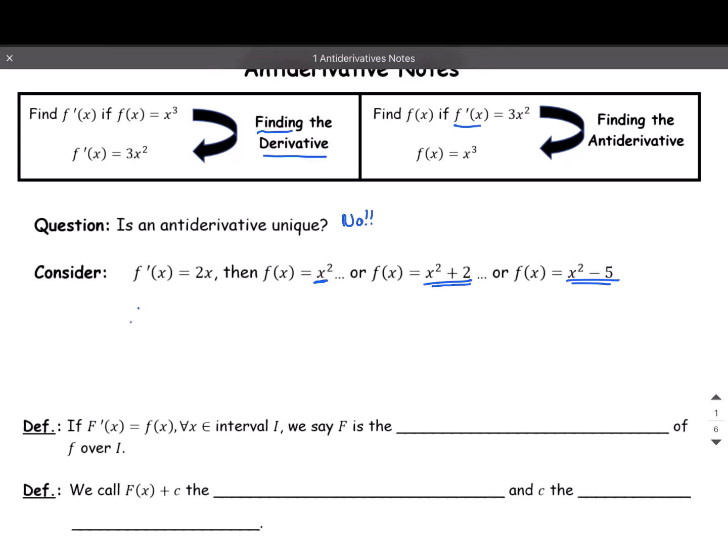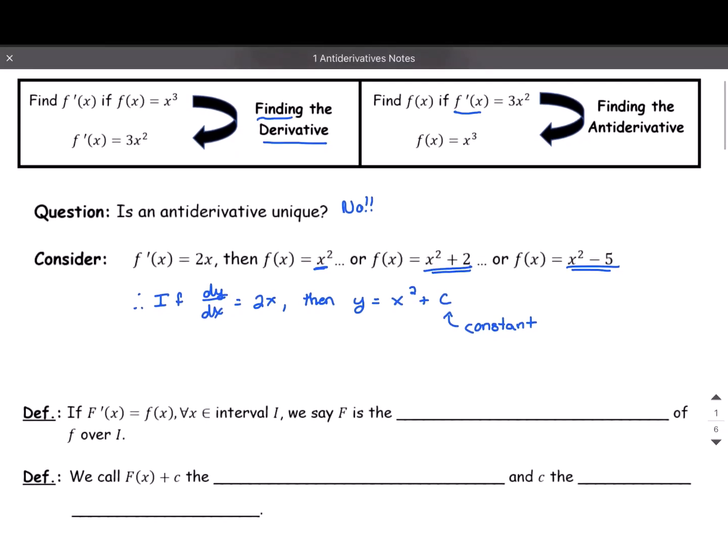So that means, therefore, if dy dx, or f prime of x, equals 2x, then y, or f of x, equals x squared plus some constant c. And the general standard accepted variable is c for that constant. That's what everybody will recognize.